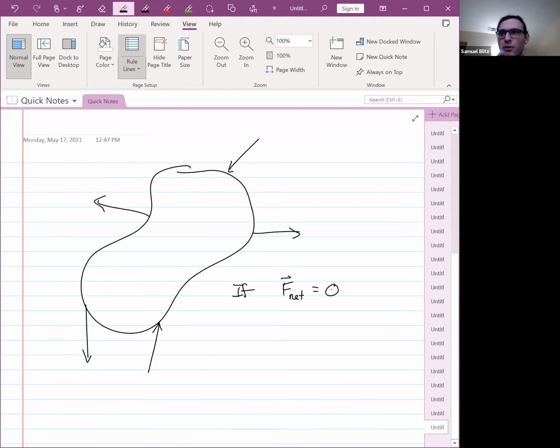So you might wonder, what can we learn about the torque in the event that the net force is 0? Well, what I want you to remember is that the net torque is just the sum of all of the torques from the individual forces.